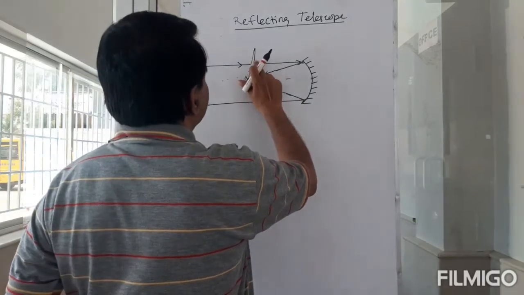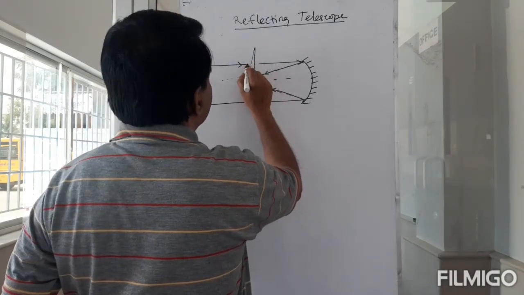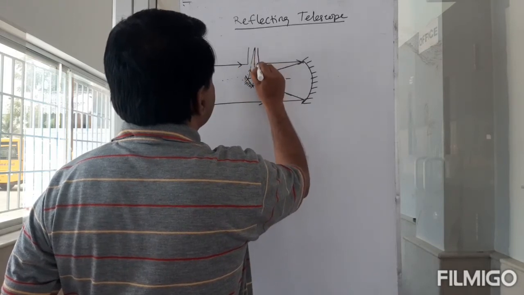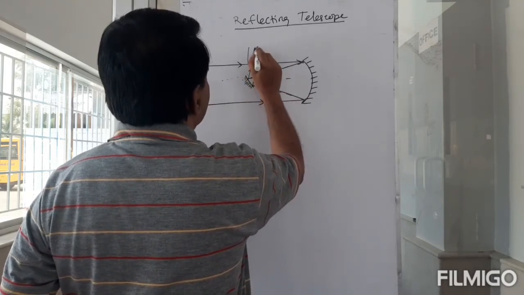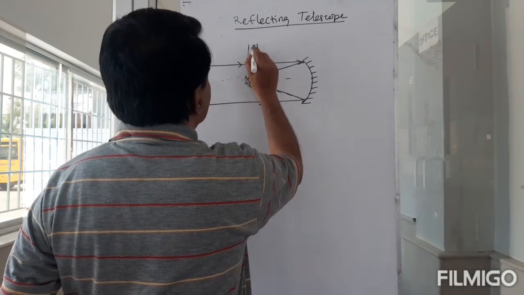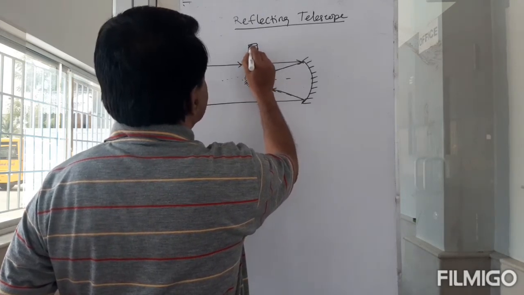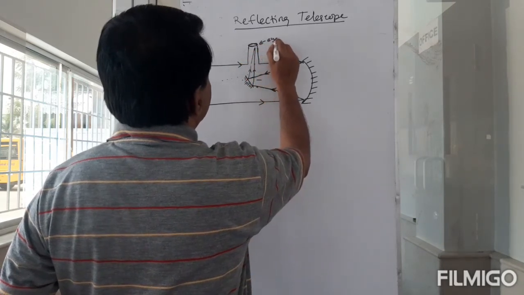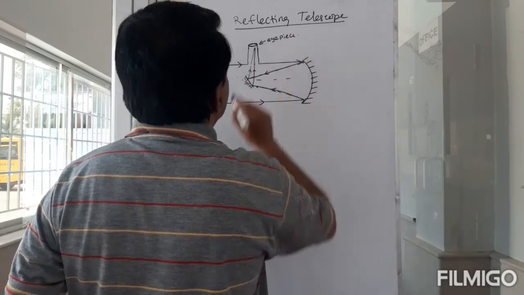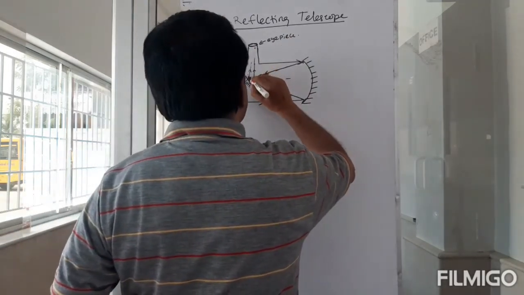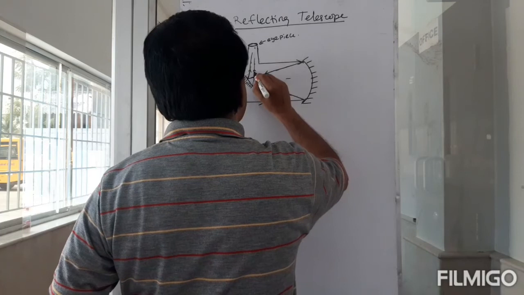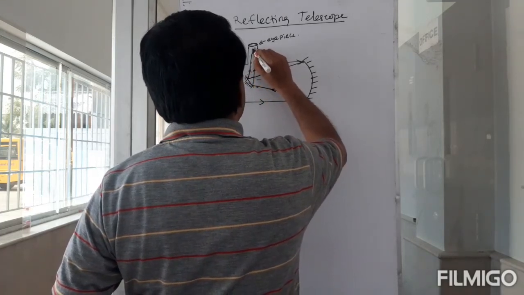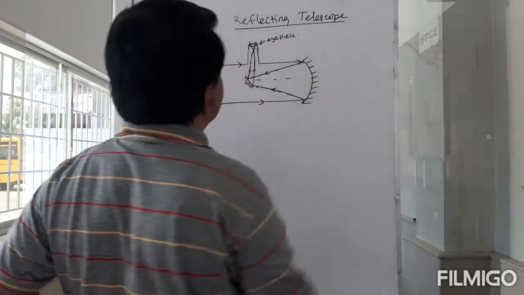So I make a hole, and then I keep my eyepiece here. This will be the lens, eyepiece. So if this gets reflected like this, and after that goes like that, I will be able to see.